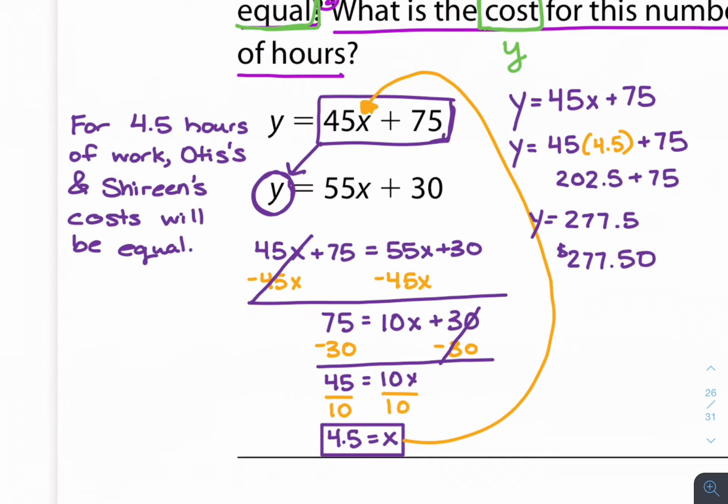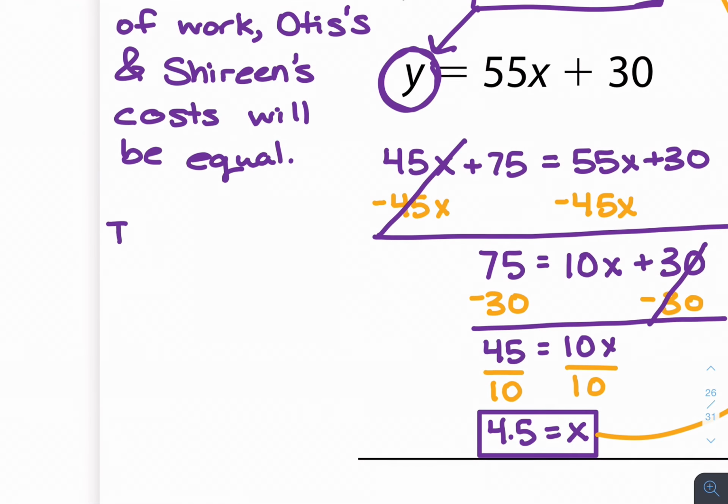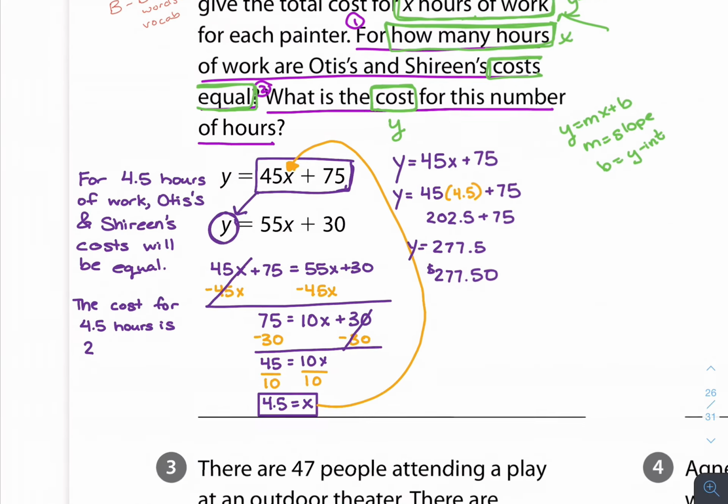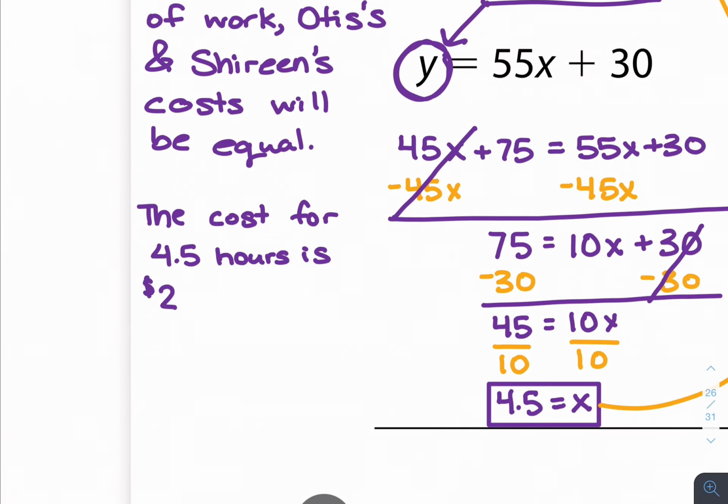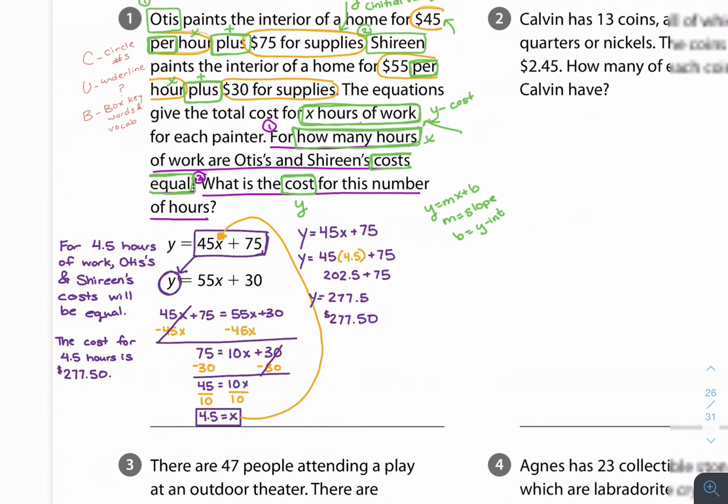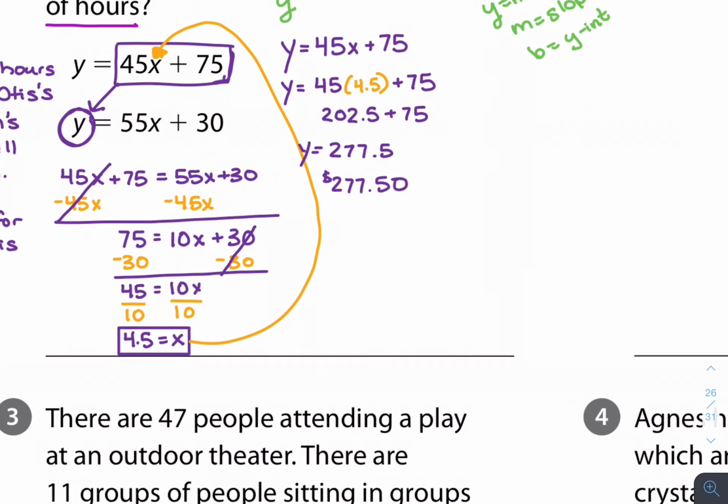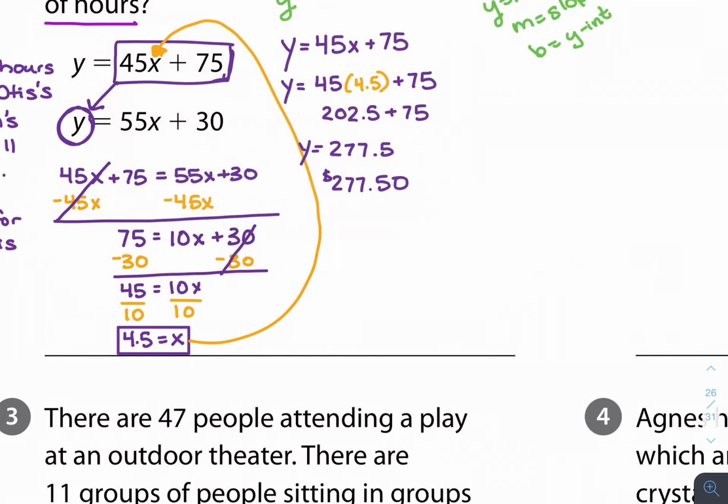What is the cost for this number of hours? The cost for 4.5 hours is $277.50.